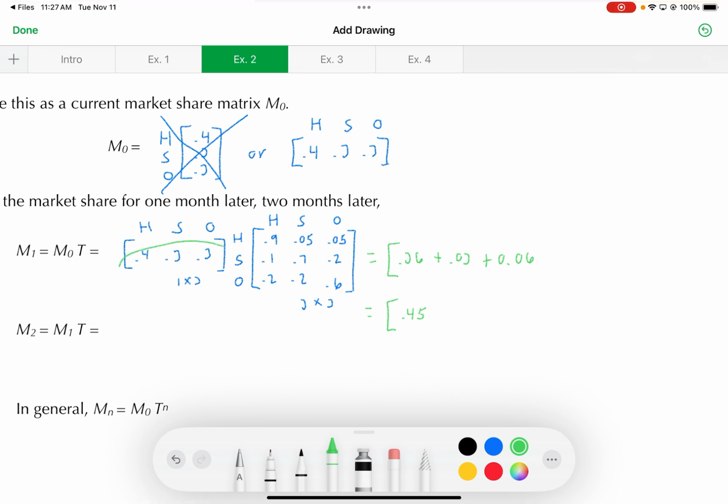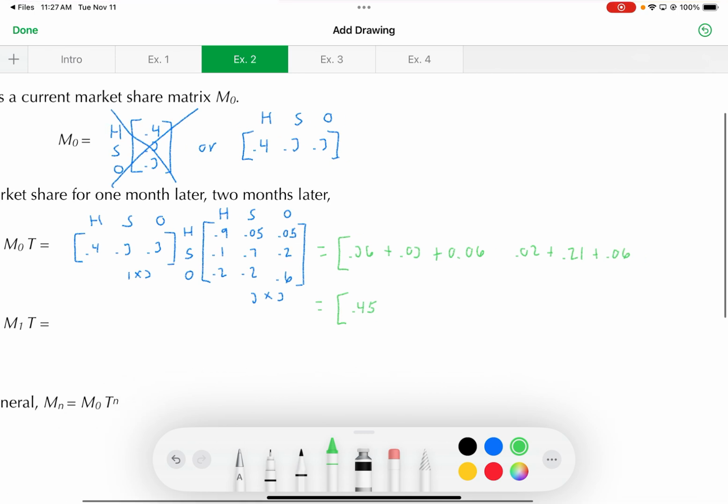Okay, now go first row with second column. Okay, so 0.4 times 0.05, that's going to be 0.02. 0.3 times 0.7 would be 0.21. 0.3 times 0.2 would be 0.06. Adding those up, 0.29.